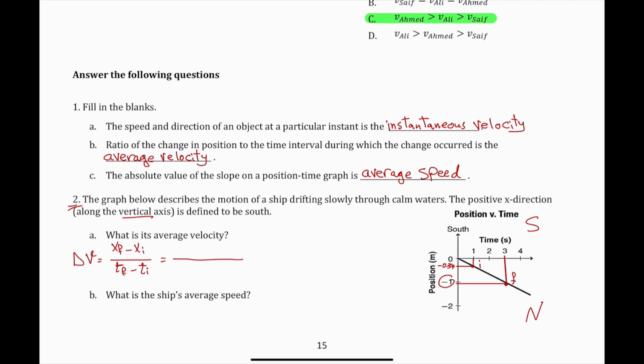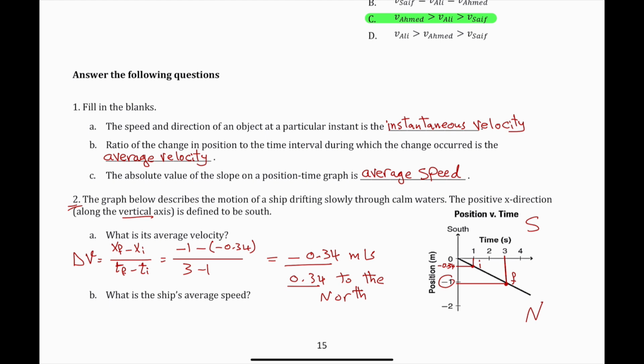So it's -1 for the position of the final point minus -0.34 over the change in the time, 3 minus 1, -0.34 meter per second, or we can say 0.34 to the north. Both are right.